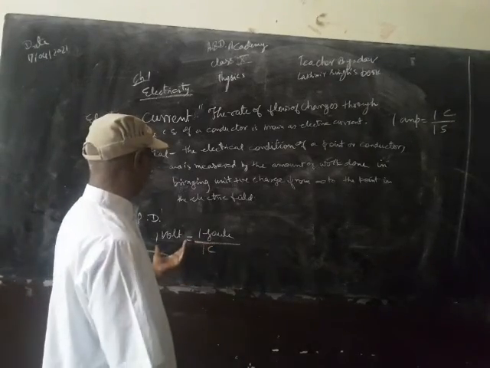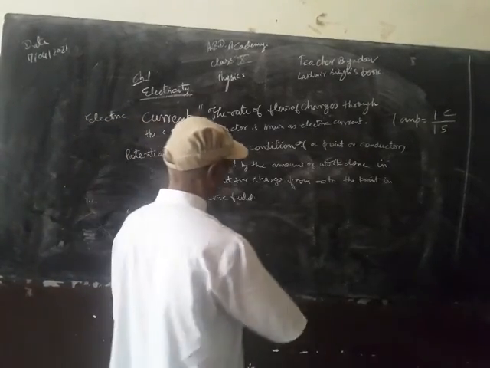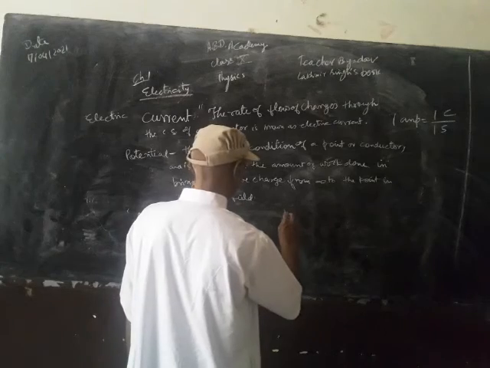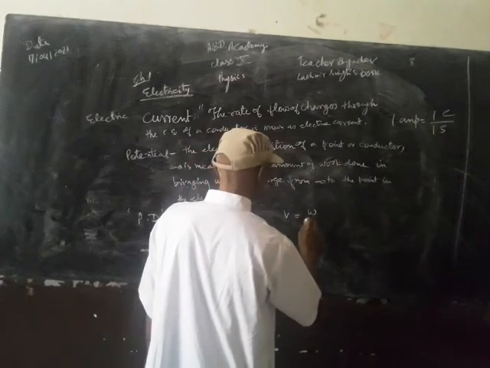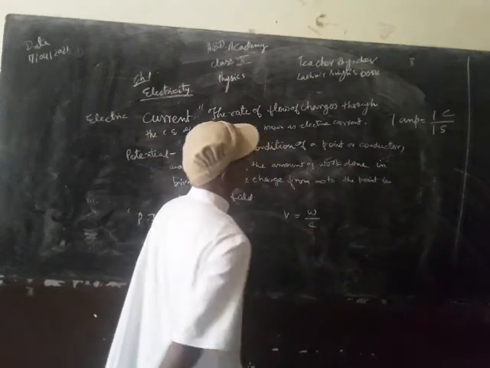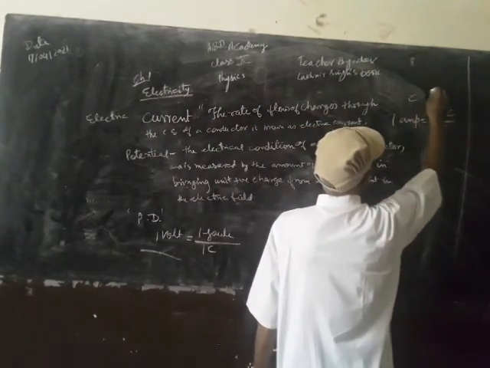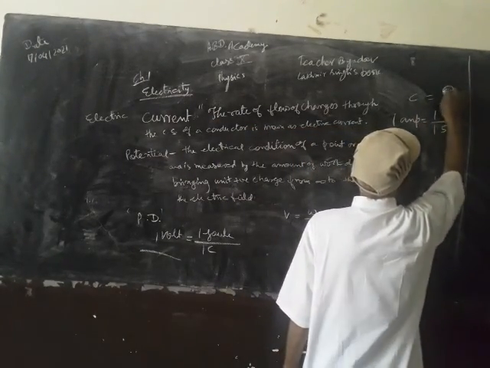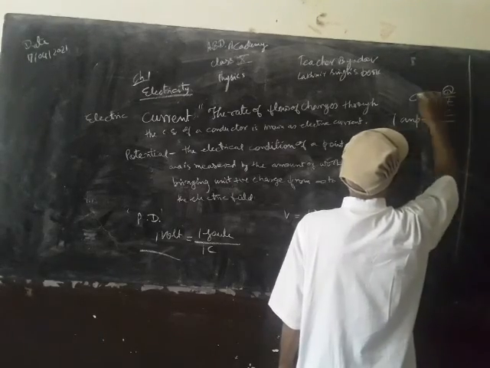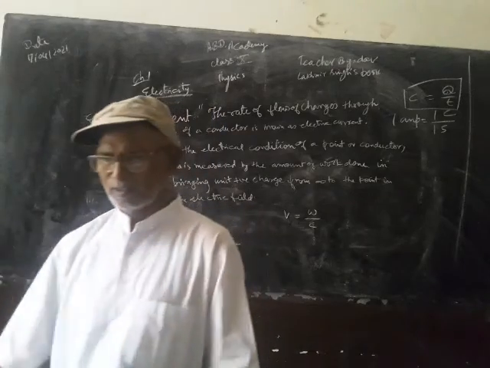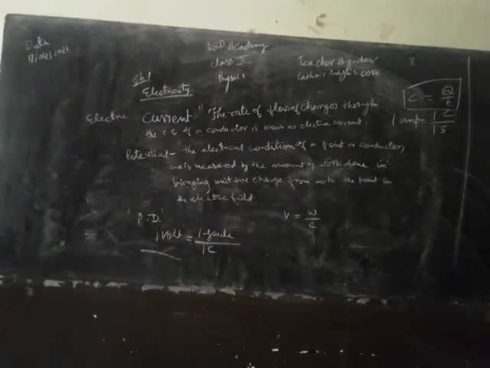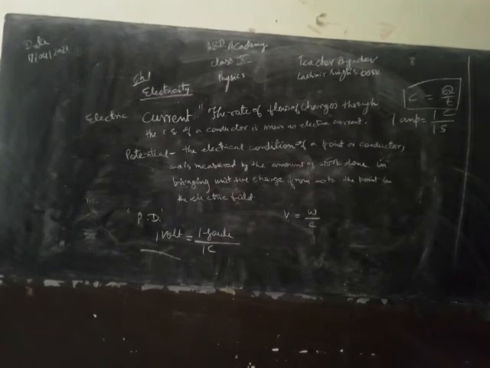Potential difference, PD, that is V, is work done W upon charge, and current is equal to charge upon time. So take these relations.